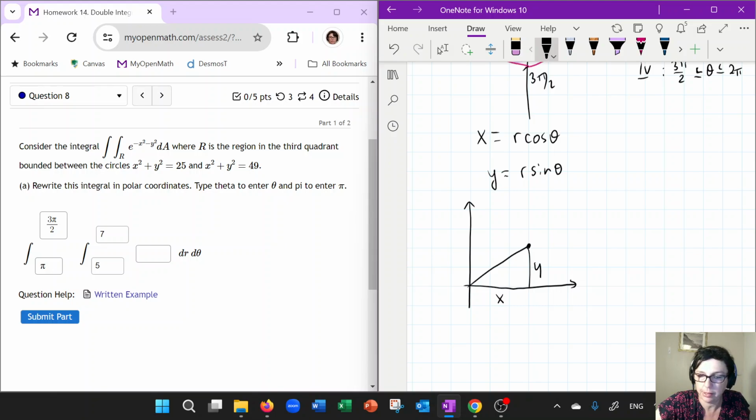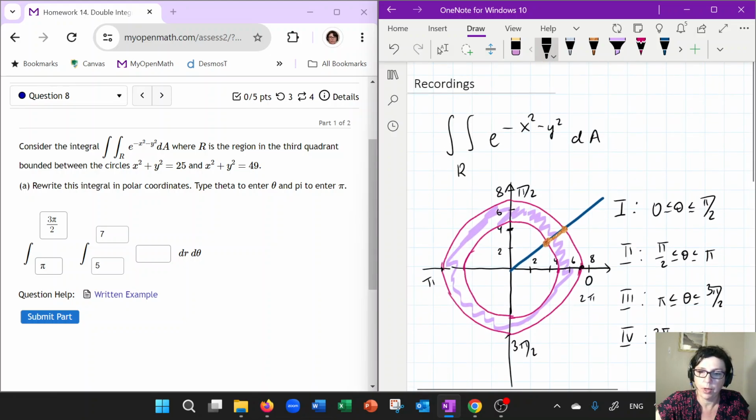This is x, this is y, this is your theta, and this is r. You can see here that by the Pythagorean theorem, x squared plus y squared is equal to r squared. You can also see that here, because you will have r squared cosine squared plus r squared sine squared. But if you factor out r squared, you'll get cosine squared plus sine squared, which is 1. So this connection between x, y, and r is very, very useful.